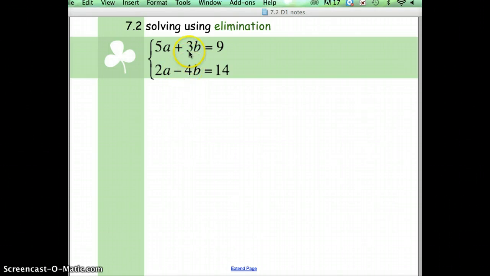And so I'm going to multiply the top equation, everything in the top equation, by a positive 4, because I want this to be a positive 12b. Well, now I'd have to make this a negative 12b in order for them to be opposites. So I would have to multiply this whole bottom equation by a 3.